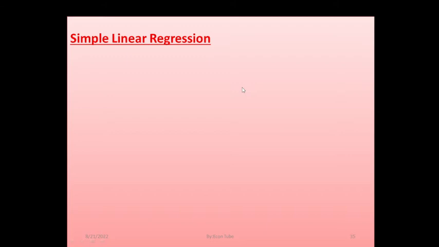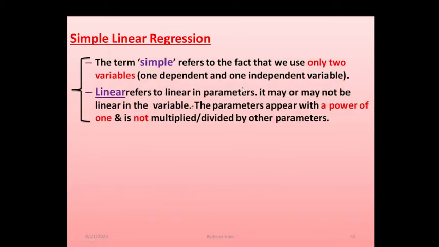So we have a function like the simple linear regression function. The term simple refers to the fact that we use only two variables, one independent and the other dependent. We have only two variables, so it is very simple.